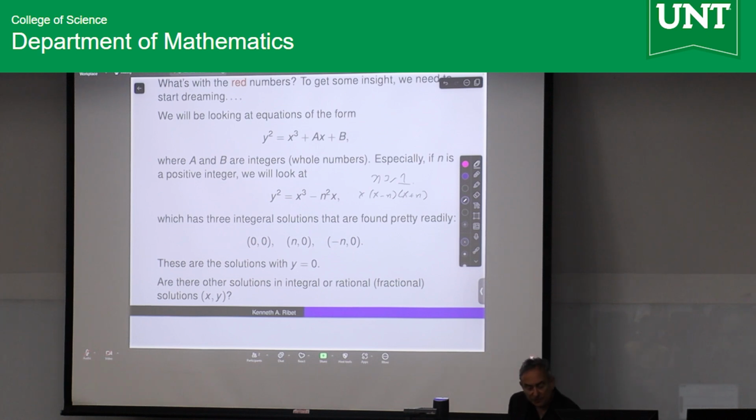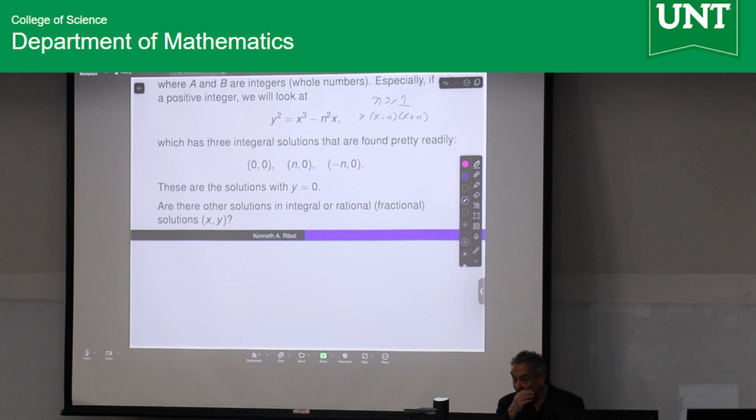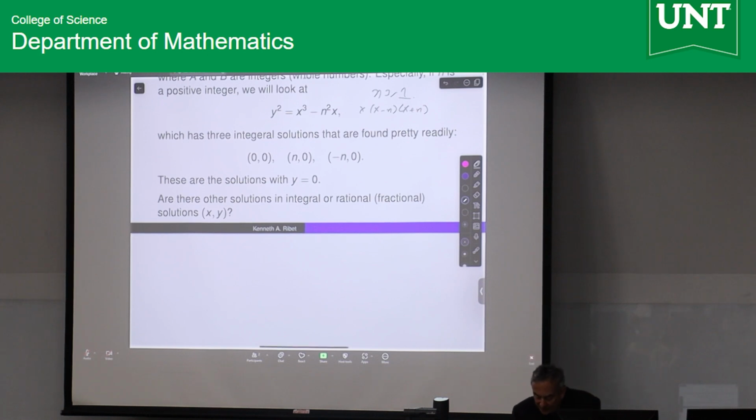So this is a situation where, if you were trying to understand this equation with a graphing calculator, you would have no problem. You would take the x-axis, and you could think about, first of all, the cubic curve, y equals x cubed minus n squared x, and this curve would go through the x-axis 3 times, so it would look something like this.